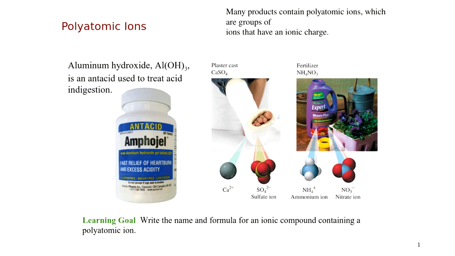So it is used as a treatment. Here is calcium sulfate, and this compound also contains polyatomic ions. Also the fertilizers: this bottle is a fertilizer, and on the label we will find ammonium nitrate, and this compound also contains polyatomic ions.